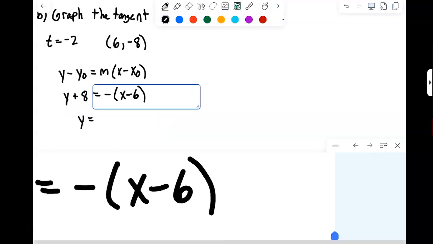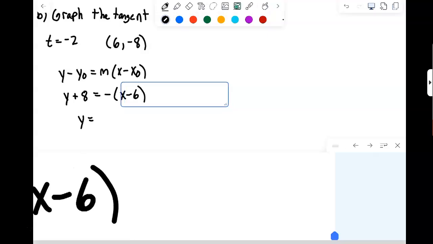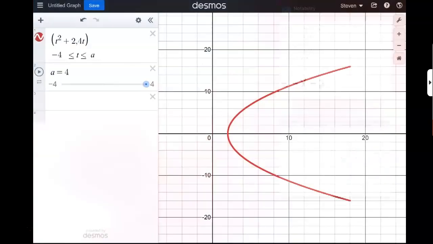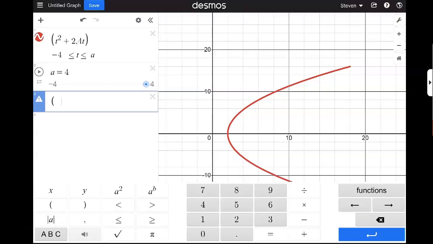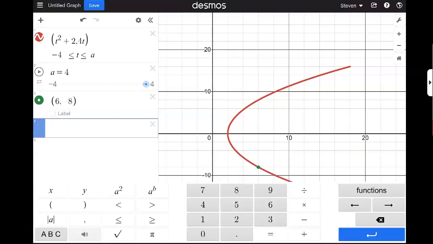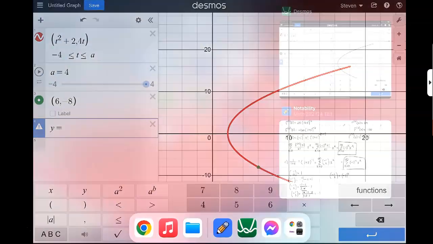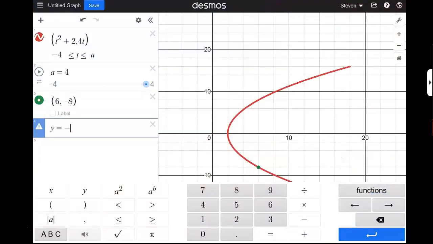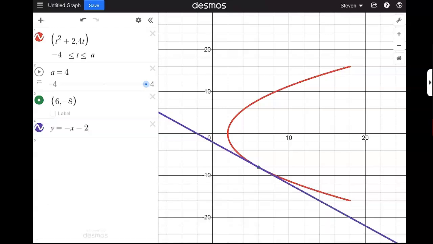So that'll be minus x and then a positive 6, but when we bring the 8 over, we would have y equals minus x minus 2. That's going to be our line that passes through our point, 6, comma, -8, that's on the graph there. You can see it passes through the point.